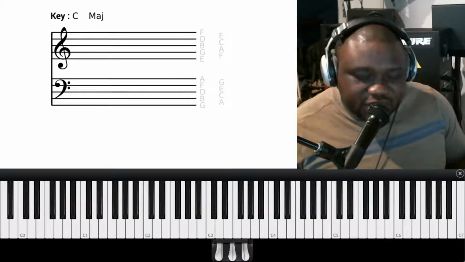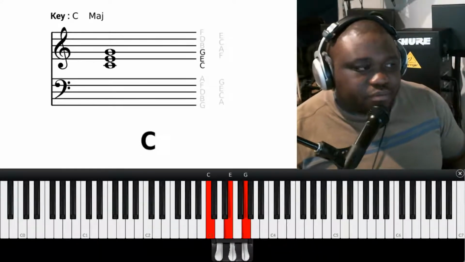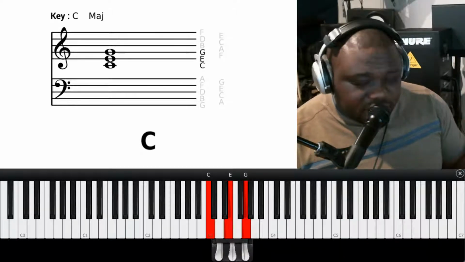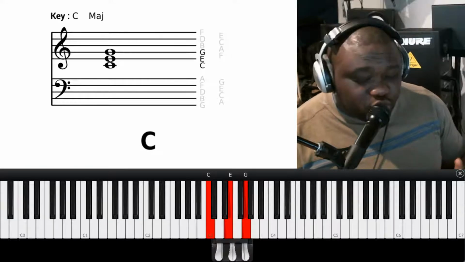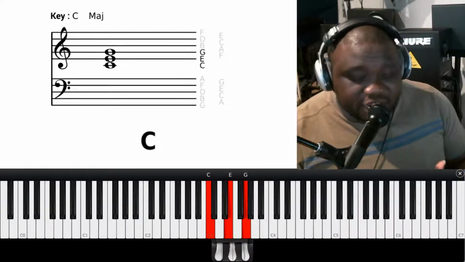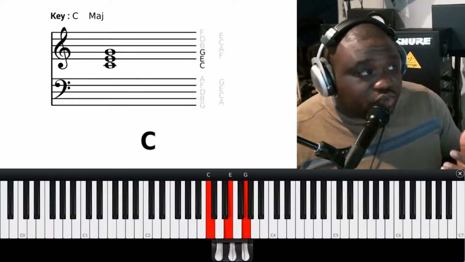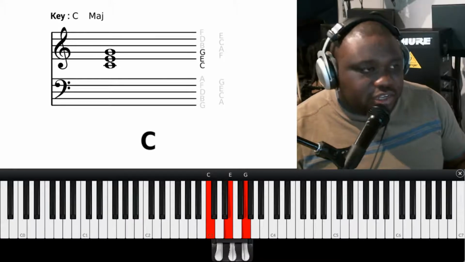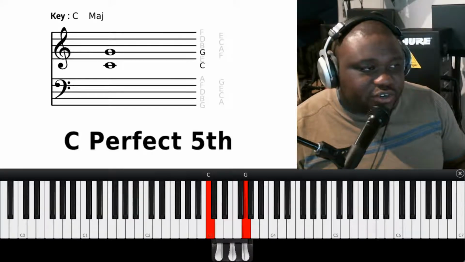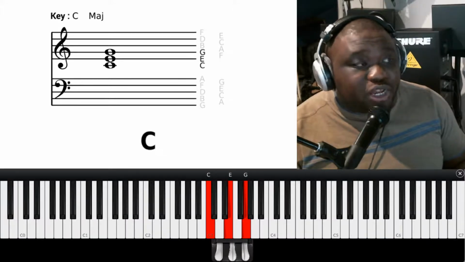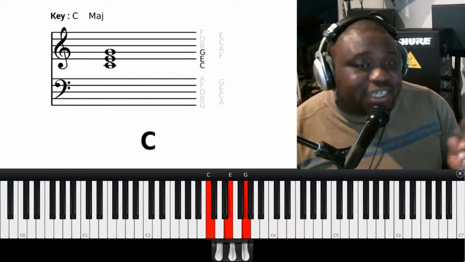So let's say we have a C, okay? And the common ones we know about are suspended 2 and suspended 4. So what that Sus2 stands for is this. We are basically suspending this middle note here, the perfect third, and what we are doing is going a whole step down.